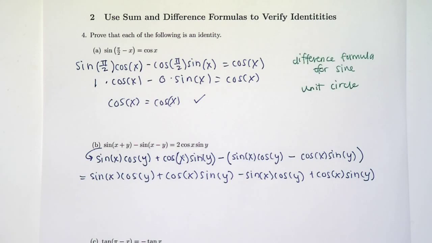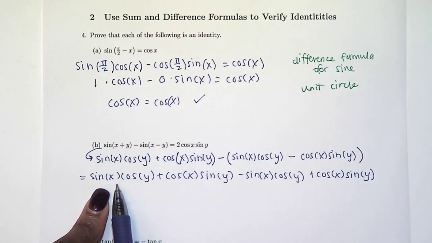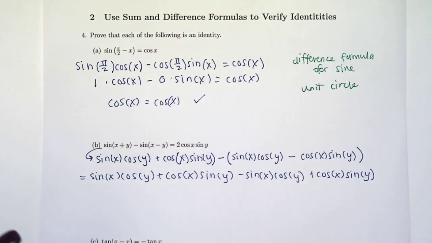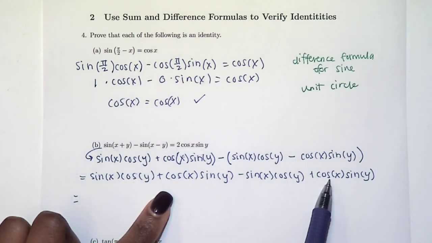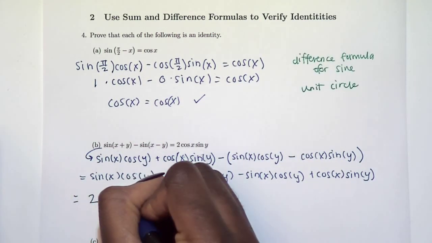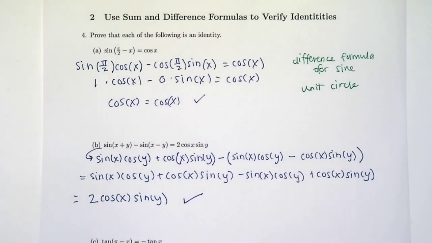I think I have two of each thing, so I'm going to combine like terms. I have a sine of x and a cosine of y. Where else do I have sine of x, cosine of y? Right here. I'm adding one and subtracting one, so that goes to 0. Then I have a cosine of x, sine of y, and another one, so we have 2 cosine of x, sine of y, and that's exactly what we needed to verify our identity.